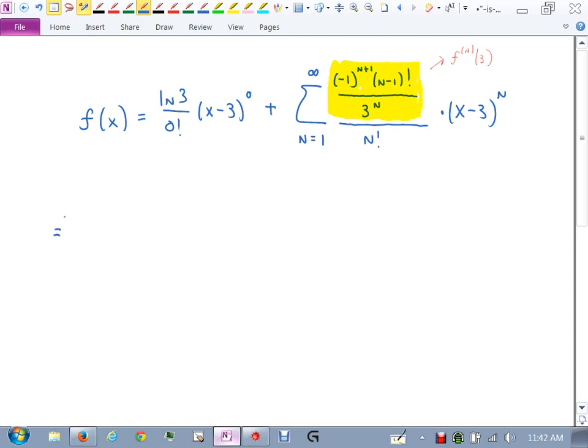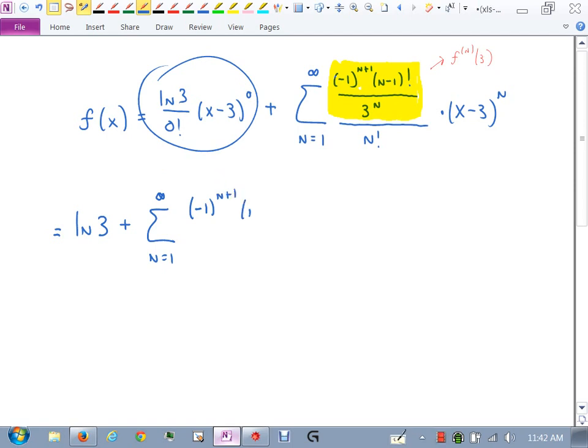This is equal to, this first one becomes just natural log 3 times what? x minus 3 to the 0 is 1, plus summation n equals 1 to infinity of negative 1 to the n plus 1 times n minus 1 factorial times 3 to the n over n factorial times x minus 3 to the n.